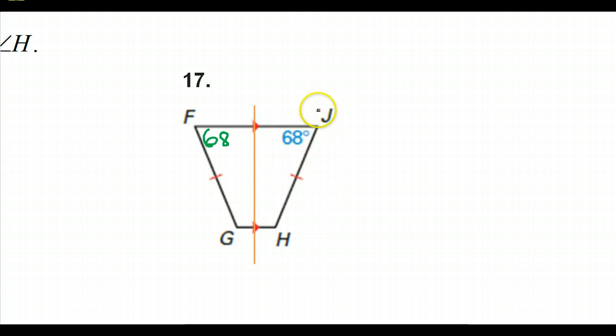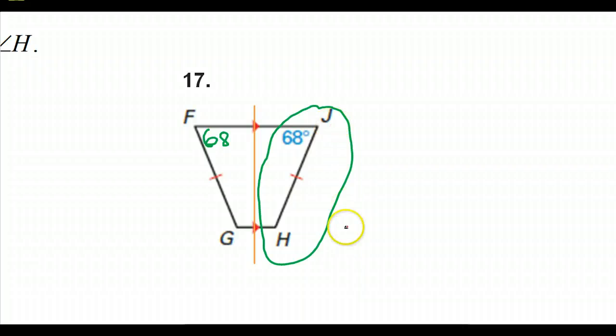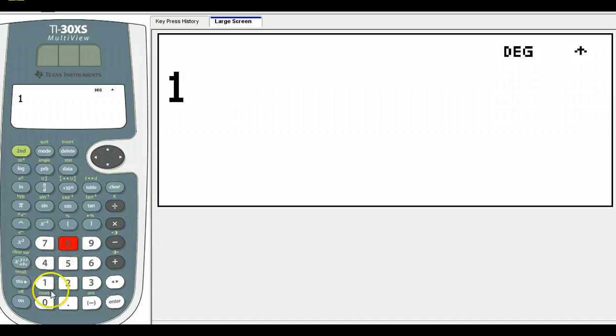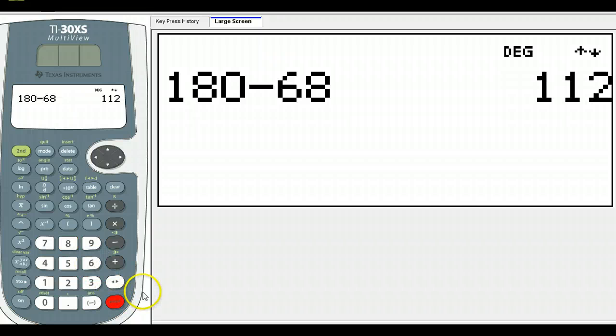Okay, and then there's the whole supplementary thing. Angles like these, H and J, sharing a leg, those angles will be supplementary. So once again, to find angle H, I'm just going to do 180 minus 68.